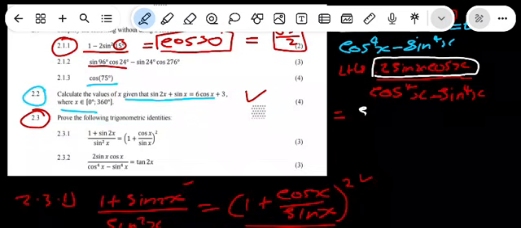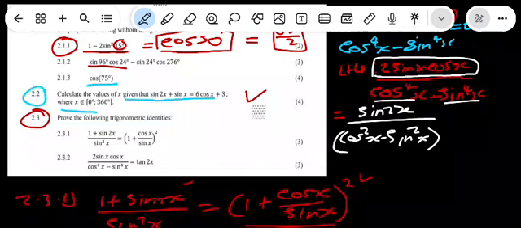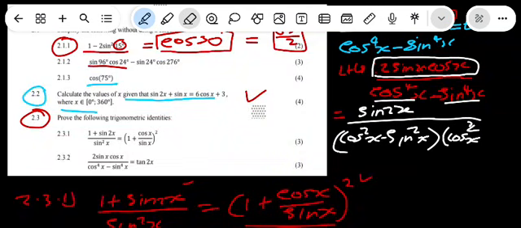This will simply equal sine 2x divided by, this is a difference of two squares, but now to the fourth power. This will be cos squared x minus sine squared x, multiplied by cos squared x plus sine squared x. Let me just show you. Must be plus.